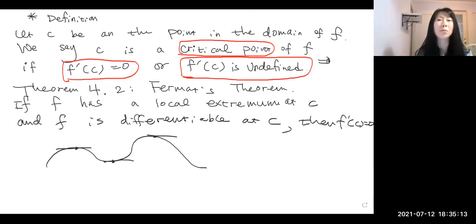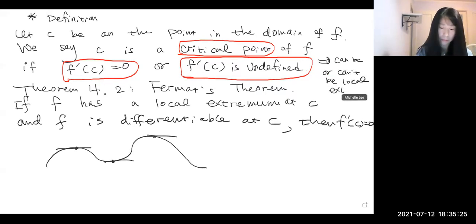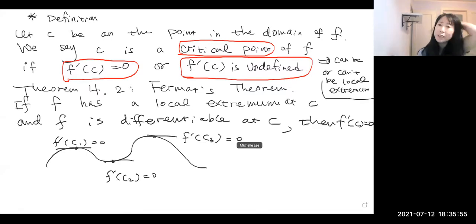Because we saw a bunch of examples from 1 to 6. Can be or cannot be a local extremum. Okay? But the other way, if f has a local extremum at c and f is differentiable at c, then it must be f prime of c equals 0, because this is c1 equal to 0, because of the horizontal tangent line, right? Make sense?